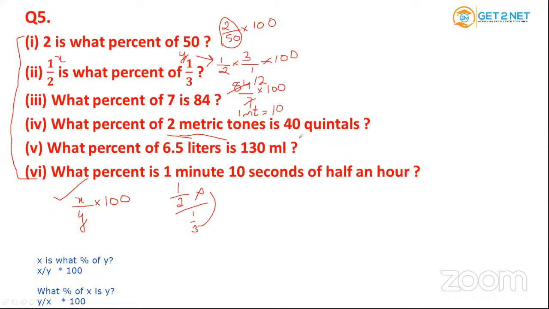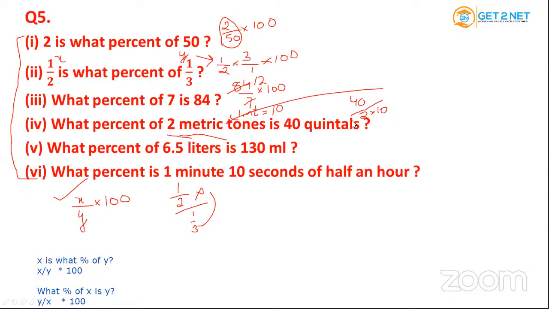So basically what will happen when they are asking what percent of Y is X or X is Y? So your answer will be 40 divided by 2 into 100. No, it's 10. 1 metric ton is 10. 2 metric tons will be 2 into 10. I gave you the information: 1 metric ton is equal to 10 quintals.